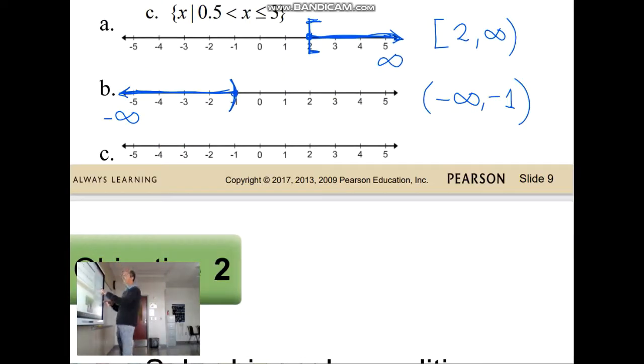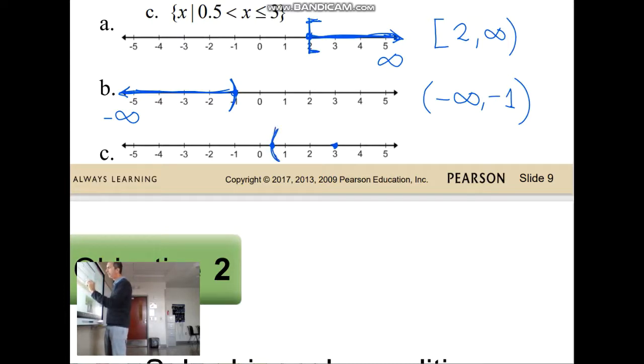Now, example C is an interval between 0.5 and 3. 0.5 is less than x, which is less than or equal to 3. So let's find the interval. 0.5 is here, right? Between 0 and 1, and 3 is right here. 0.5 is not included.